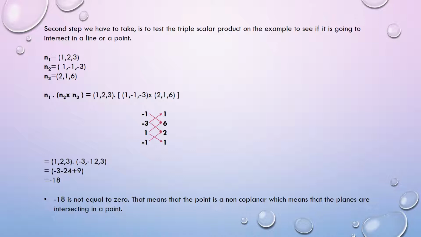Then we find the dot product: normal 1, which is 1, 2, 3, dot the cross product of normals 2 and 3, which is -3, -12, 3. So it gives -18. -18 is a non-zero value, which means that the vectors are non-coplanar, which means that the planes are intersecting in a point, not in a line.